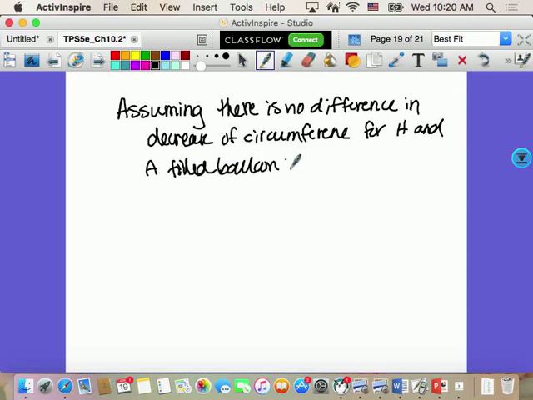Oh, I'm so tired of writing. So, assuming that there is no difference for the decrease in circumference for helium and air-filled balloons, for the mean, there is no difference in the mean decrease. We need to say something about the mean because that's what we're testing. Assuming there is no difference in mean decrease of circumference for helium and air-filled balloons, we have a probability of what?